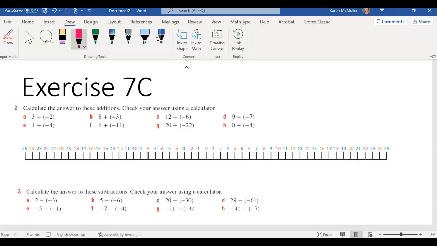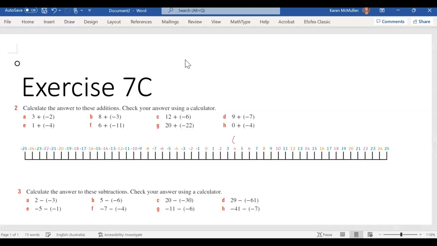So what I might do is actually just draw a head. We're starting at 3, and we're facing the positive direction. So I'm going to draw a little head facing the positive direction. And then we're subtracting 2. So we're going to go 1, 2, and we end up at 1.